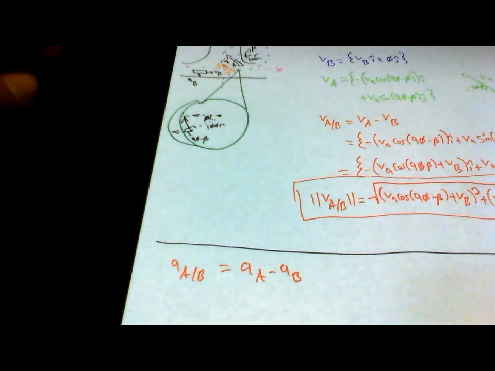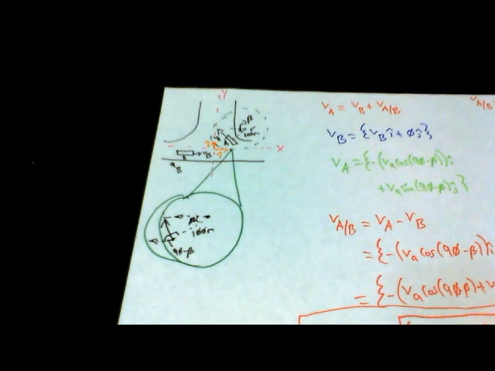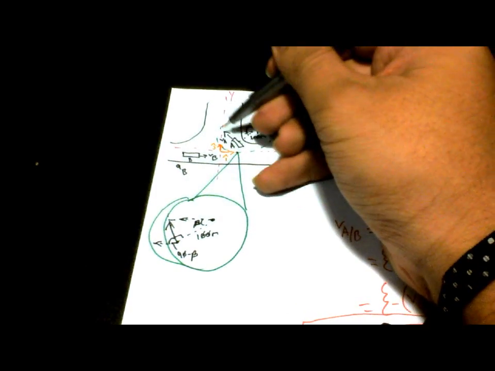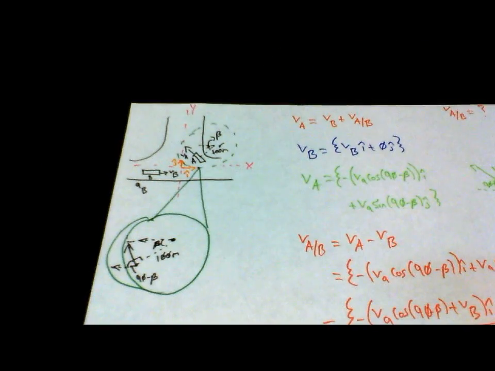We need to find acceleration of A. Now, here you might plug in 0 and say acceleration of A relative to B is just negative acceleration of B. That's wrong, because A has no tangential acceleration, but because it's turning, it must have centripetal acceleration. You can't miss that.